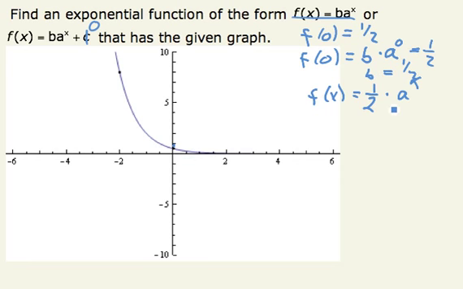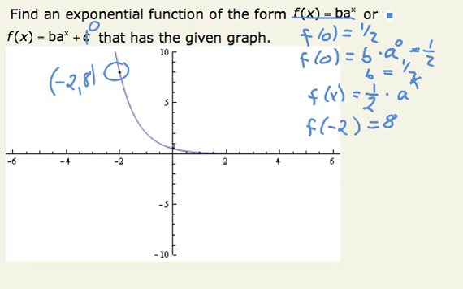To find out what a is, we will use the other point that's given. The other point that's given, if we look at the graph carefully, has coordinates -2, 8. So that means that f of -2 must be 8.